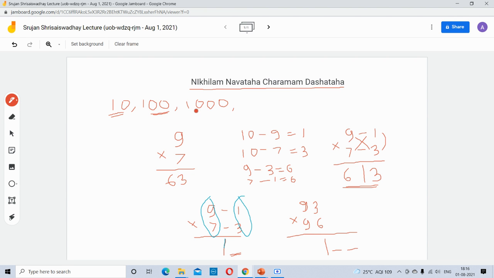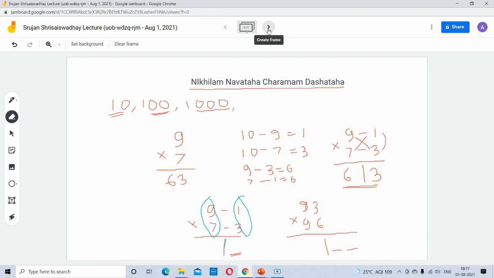Okay. Then if my base is 1000, then three digits will come. So if three digits are there, and your answer comes out to be 18 only, then in that case you have to put a 0 over here. Okay, so this is the concept we will be using in this picture, and I'll explain it once again as we proceed further.